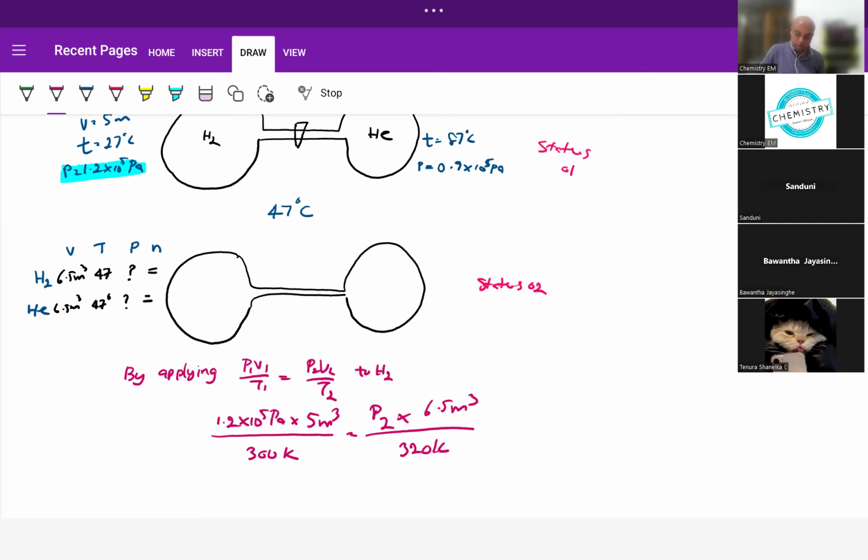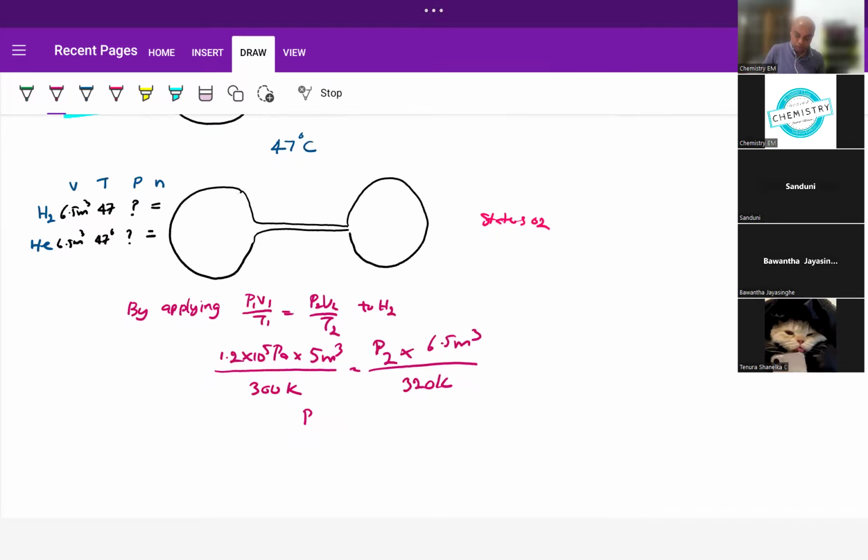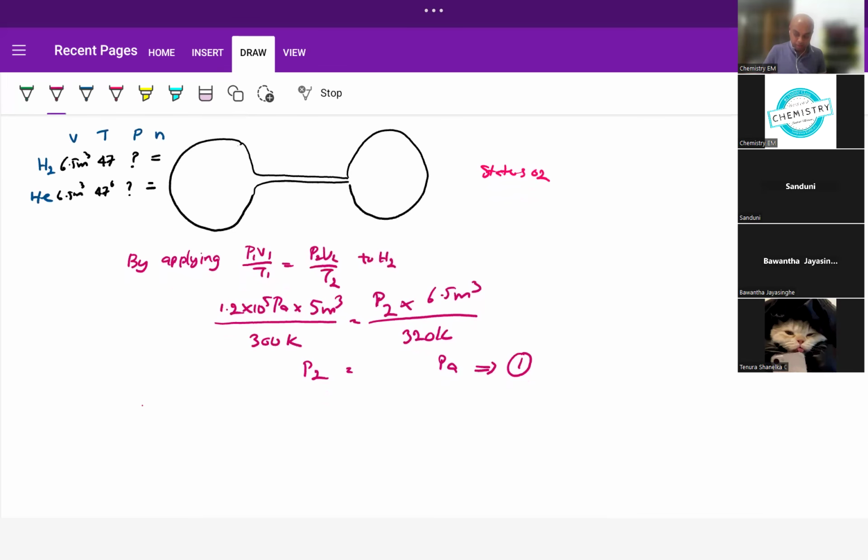Right? Now you can find P2. You do the method. This is for hydrogen, and this will be in pascals.